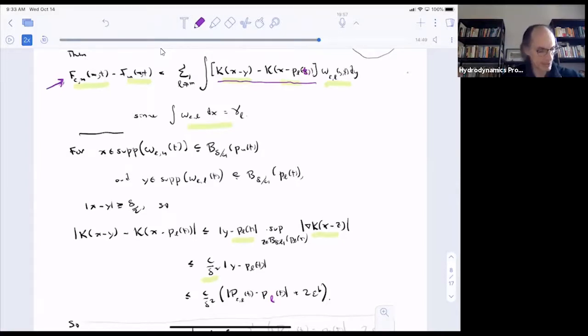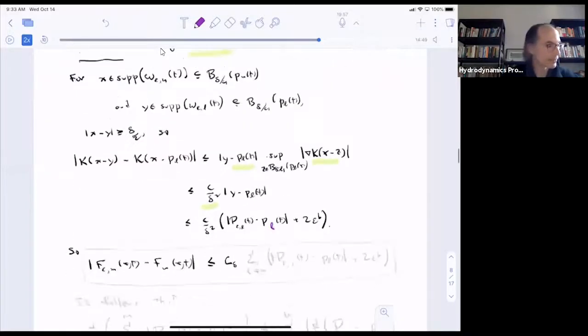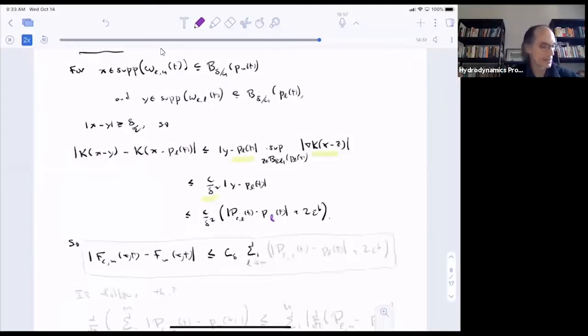If I insert this into here, then I will get the following estimate for the difference between the background flow in the mth blob and the function given by the point vortex ODEs.